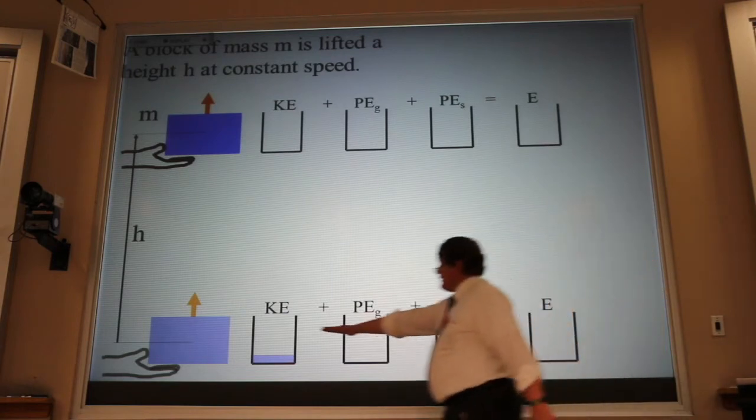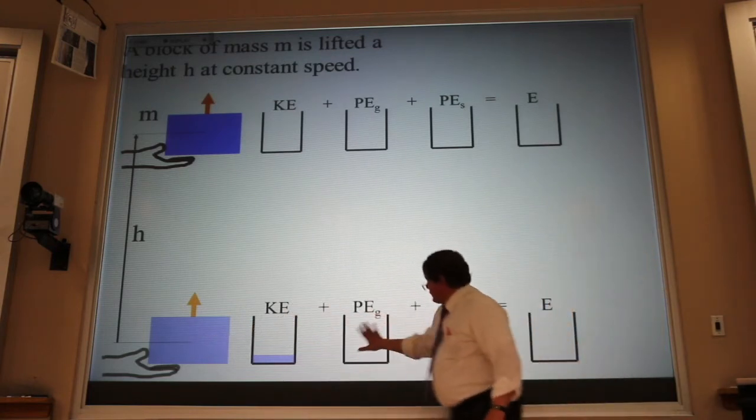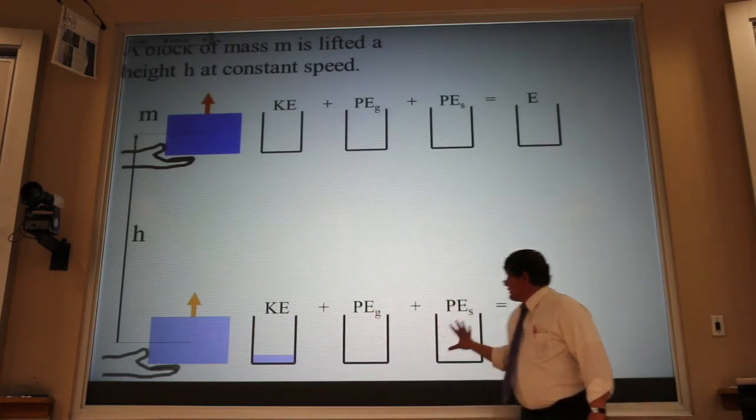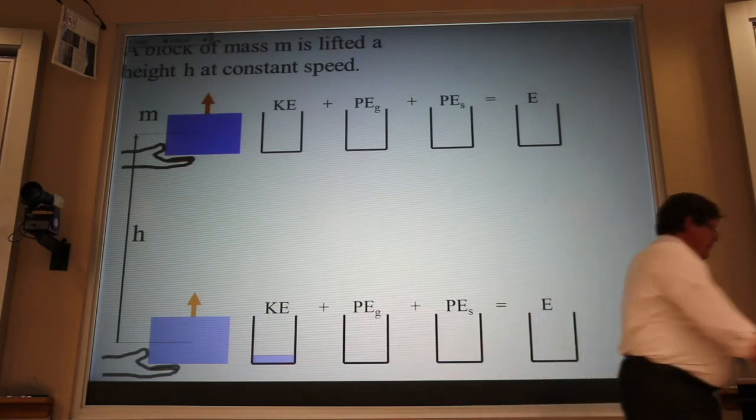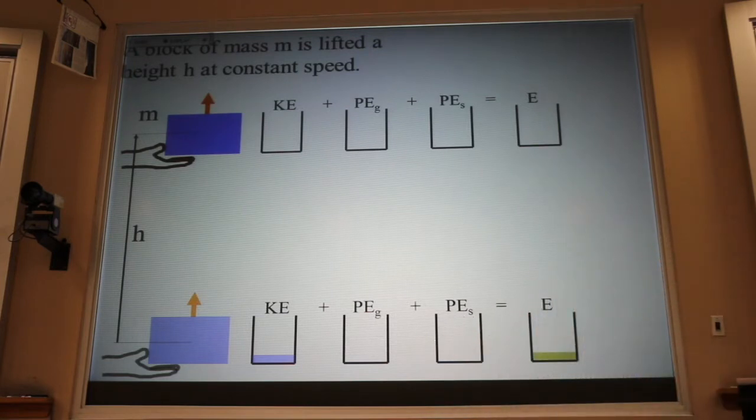But if I call this height 0, I don't have any gravitational energy and there's no springs in this problem. So that's my total energy. When I get up there, I've got exactly the same amount of kinetic energy that I started with. I did not fill that bucket. But the gravitational bucket got filled, and that changed the total energy.